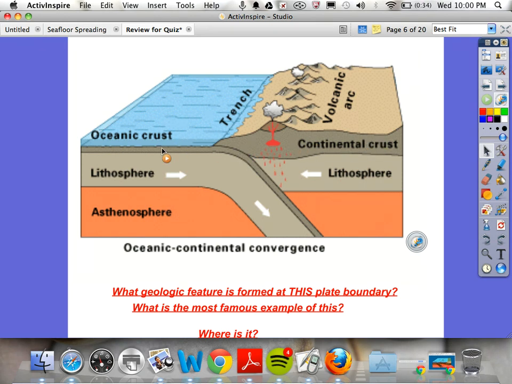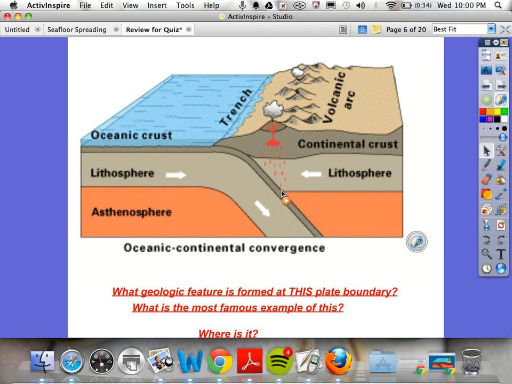And when we have a convergence between continental and oceanic crust, the oceanic crust will always subduct. That means it will go under the continental crust because oceanic crust is denser than continental crust.